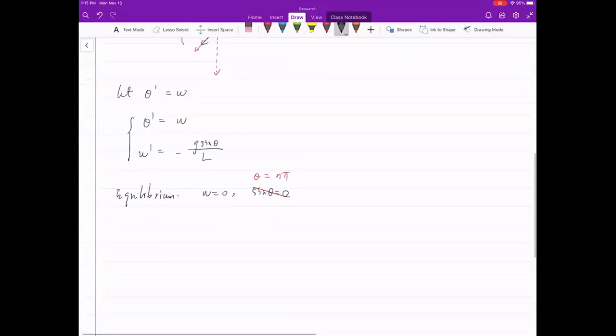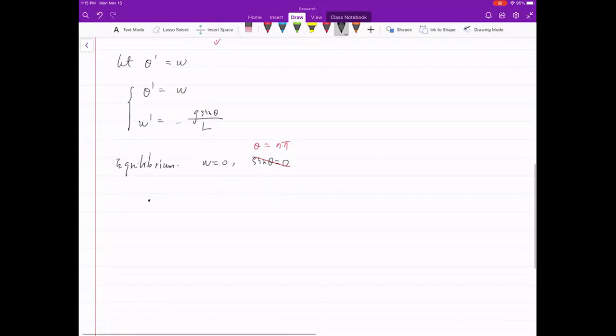What does it mean? It basically means if you have a pendulum, the only positions where your pendulum will stay at equilibrium and never change will be the following two cases. This is theta equals 0 and omega equal to 0. That means you go to the bottom of the swing, and you don't have any omega, which is theta prime. That means your theta doesn't change anymore. That is a balance you have.